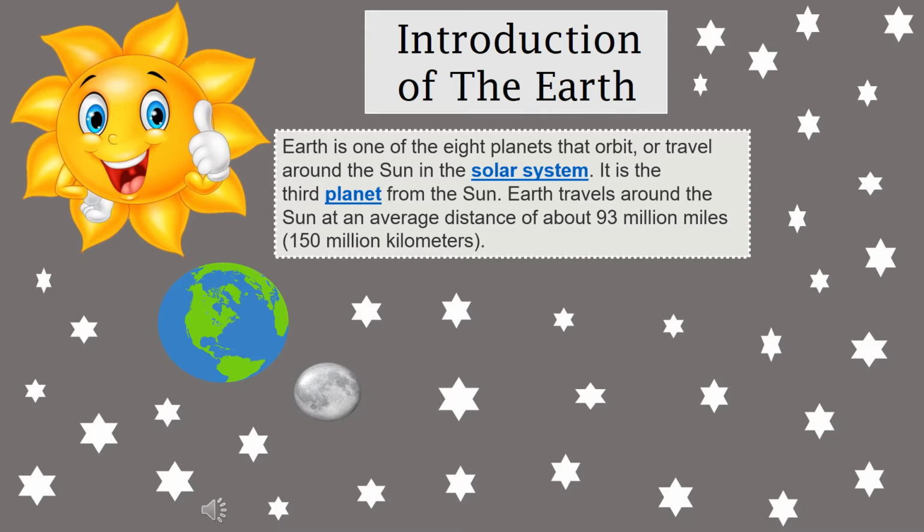Earth is a planet. Earth travels around the sun at an average distance of about 93 million miles. Okay, it is the distance that the Earth is traveling around the sun.